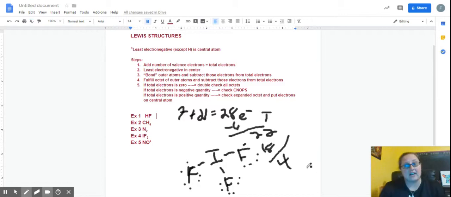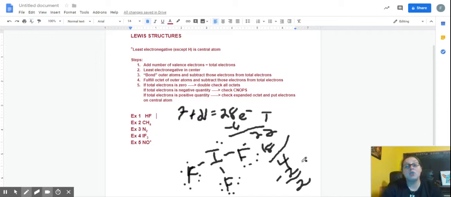It's not negative 4 now, it's a positive quantity. So if total electrons is a positive quantity, check for the expanded octet and put the electrons on the central atom. Well, first of all, I see a problem because this iodine doesn't have an octet. He only has 6 electrons. So definitely 2 out of those 4 electrons need to be attached to the iodine to fulfill its octet.